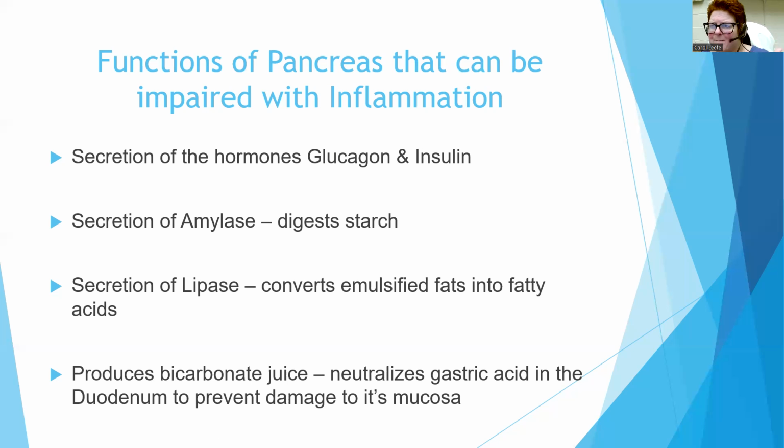When they're hyperglycemic, meaning they have more glucose than the reference range, and I think it goes up to 110 for fasting, there is a functional impairment with the insulin, and also, when it's inflamed, the amylase and lipase rise. The pancreas also produces bicarbonate juice, which neutralizes the gastric acid in the duodenum to prevent damage to the duodenal mucosa. And that's very important too.